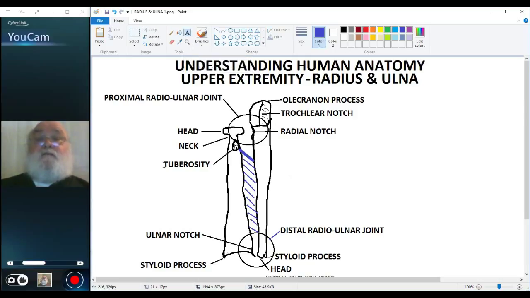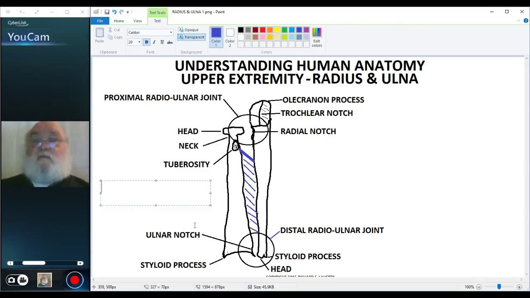This joint is called the interosseous membrane.